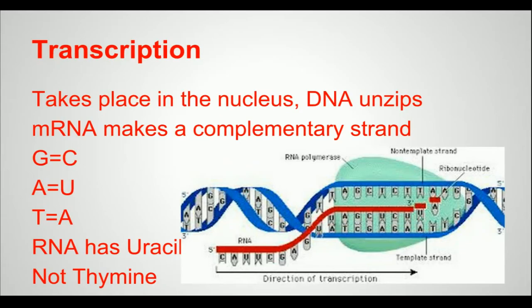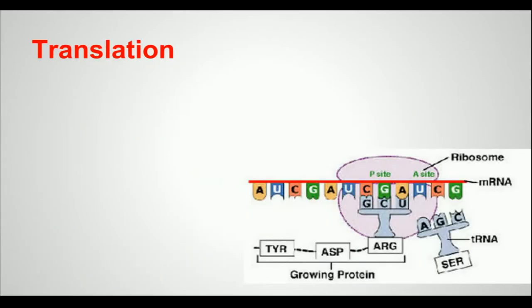If it has a T, you know you're looking at DNA because that's thymine. Thymine is found only in DNA. Uracil is found only in RNA when we're talking about DNA and RNA strands. So that's transcription. Let's move on to translation.